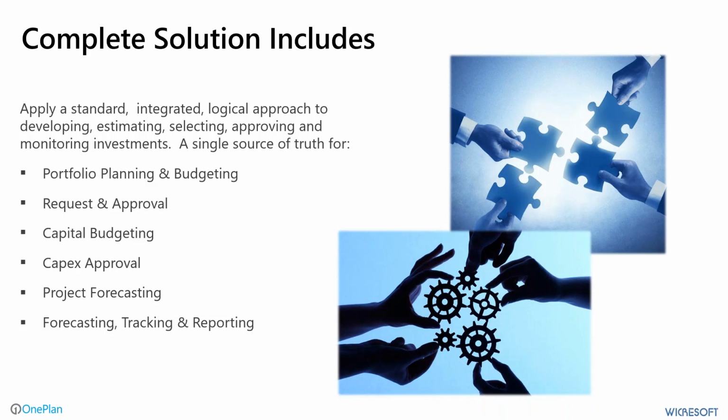Be able to do project forecasting and reforecasting where required over the life of a project, and be able to do such forecasting, tracking, and reporting over the life cycle of these projects, programs, and portfolios.